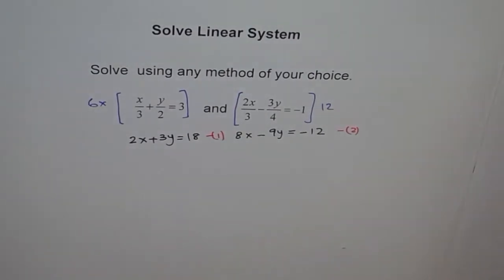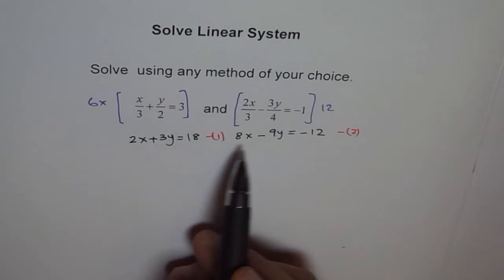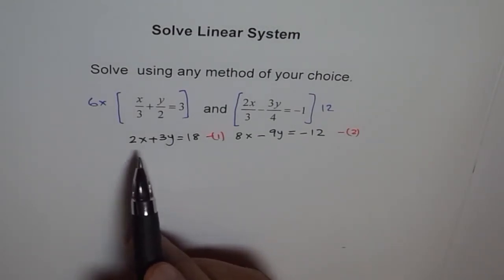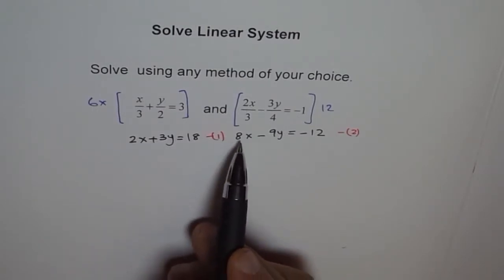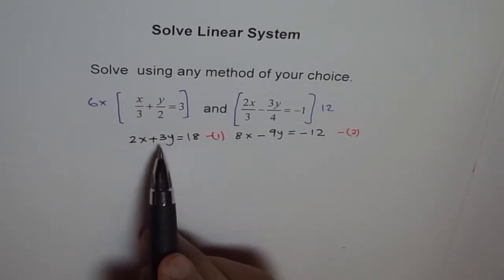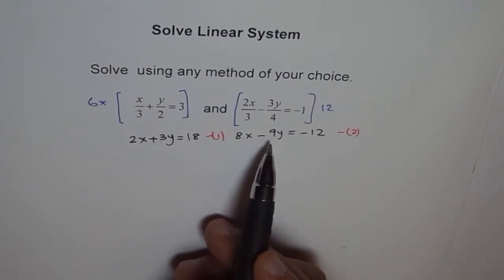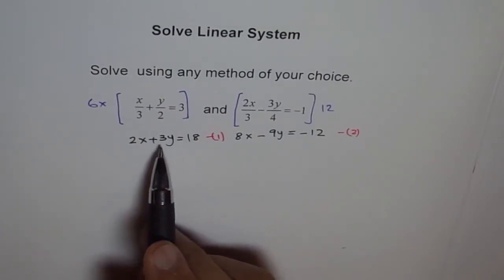Do we have the same coefficients for our variables? No, we don't. But we can make them. How? If I multiply this by 4, this becomes 8. Or I can multiply this by 3 and make this 9. That can also work, correct? So let's multiply this by 3 and see.